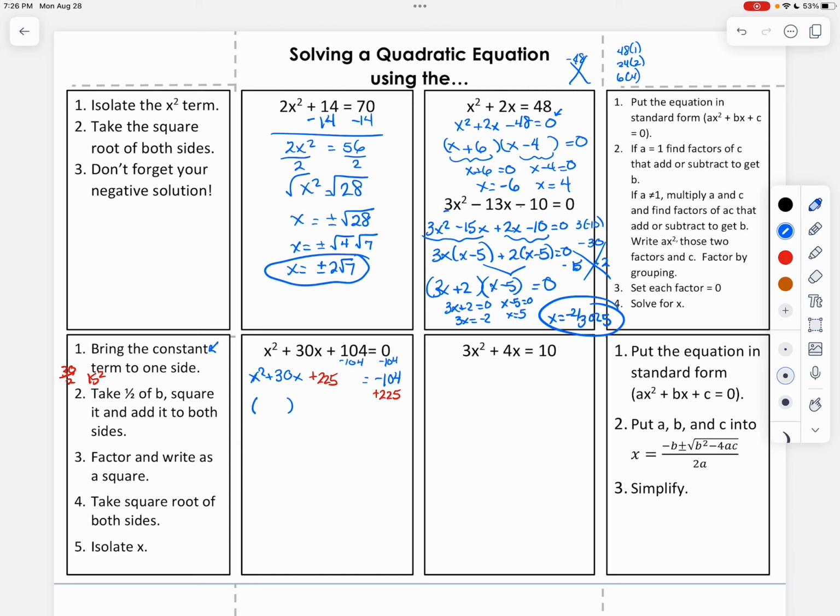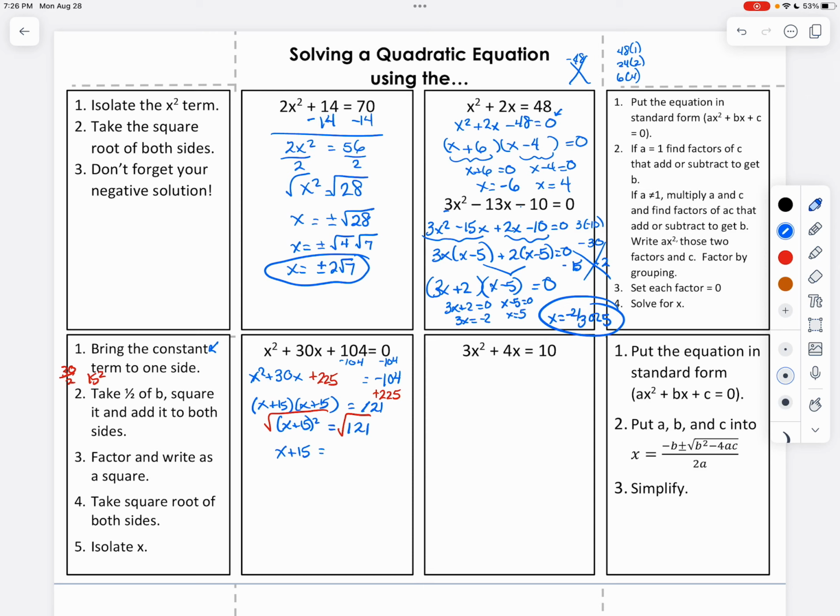If we factor this, we get x plus 15 times x plus 15, so it's x plus 15 squared. That's equal to 121. 225 minus 104 is 121. Now, when we introduce the square root to solve this, we take the square root of both sides. The square root of something squared is itself.